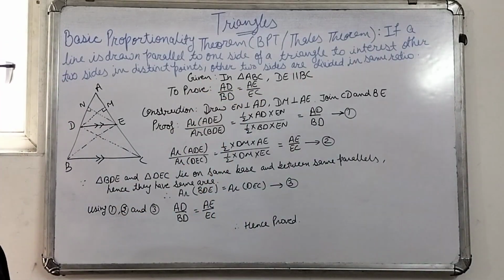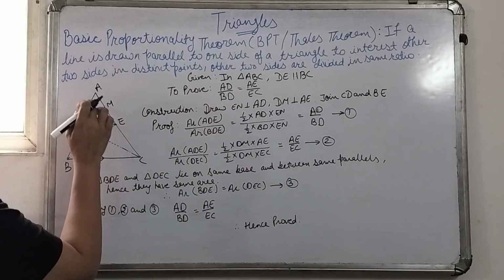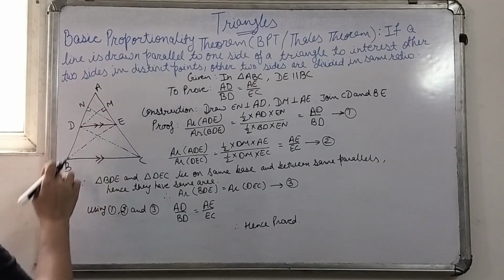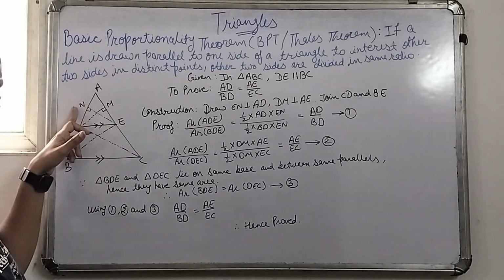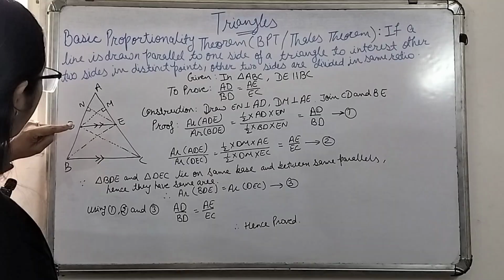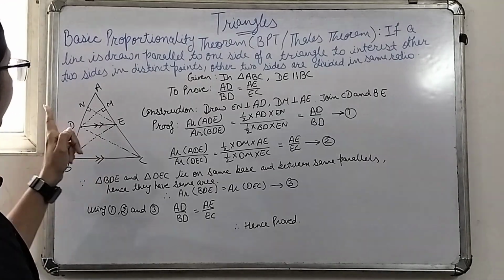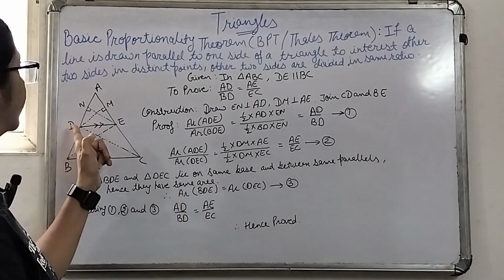For this, we will be constructing from E the perpendicular on the side AD, that is EN. From the point D, we will be drawing the perpendicular on the side AE, that is DM.